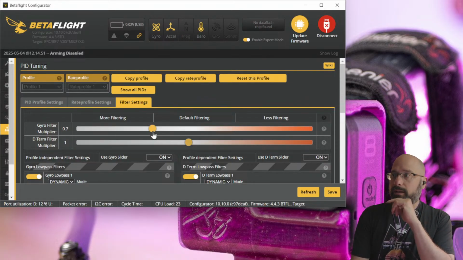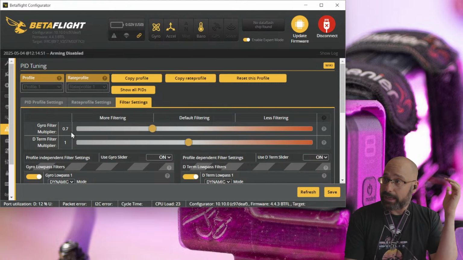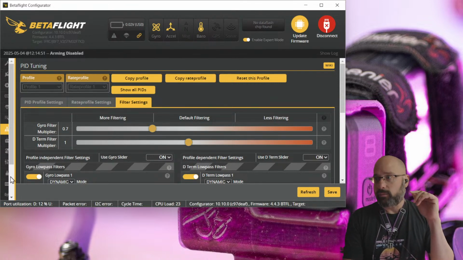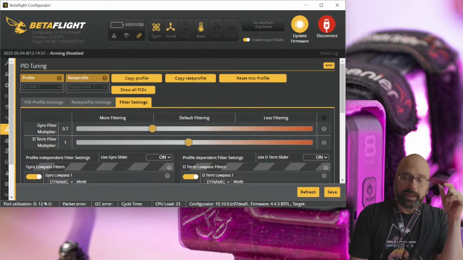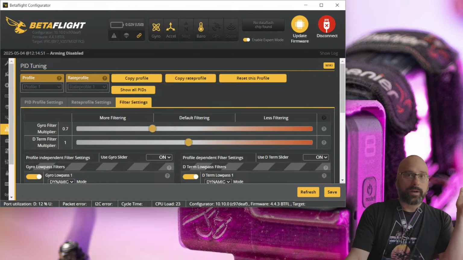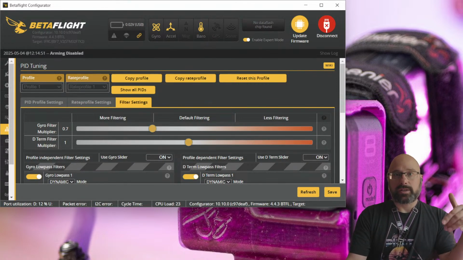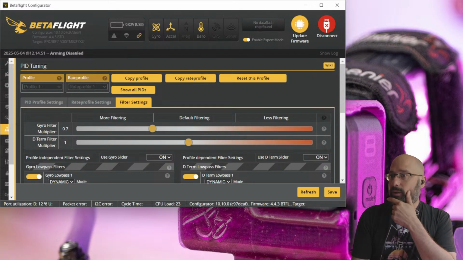So we would want to lower that. If we know the RPM of the motors, we actually could come up with an actual value here. One of the things I like about iNav, and again, I don't have an iNav bird to plug in, is that in the iNav filter tuning, they actually have recommended settings based on your prop size. It just says, for a 10-inch prop, set it to 70 hertz or whatever. So I would definitely want to lower this multiplier.